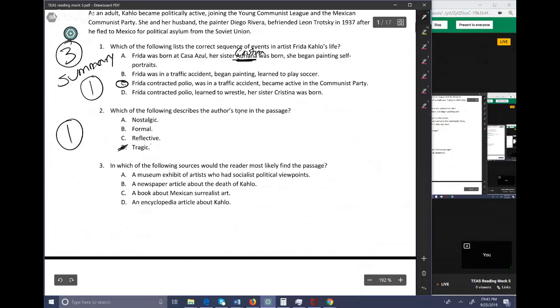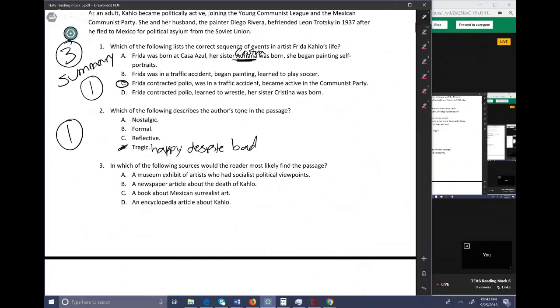It has a happy tone despite the fact that there are some bad events. It is happy despite that. So usually people get rid of tragic. That kind of leaves you with reflective, formal, and nostalgic. I find a lot of people torn between any combination of these.